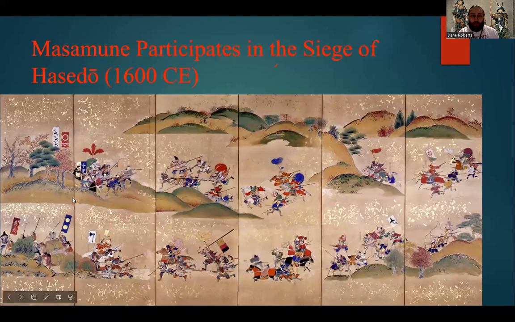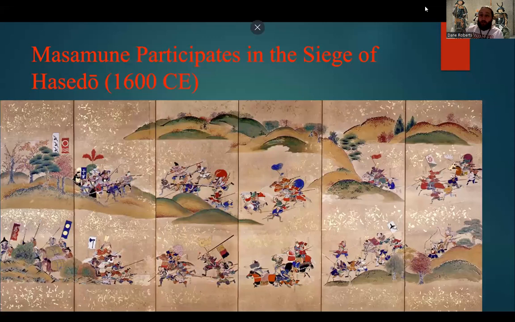And he would actually participate during this war in the siege of Hasedo, which would end in a Tokugawa victory.